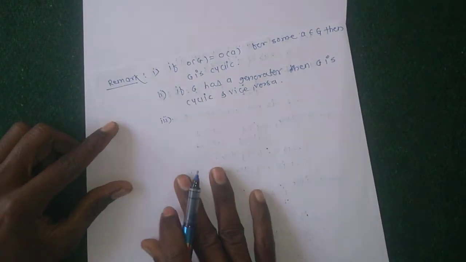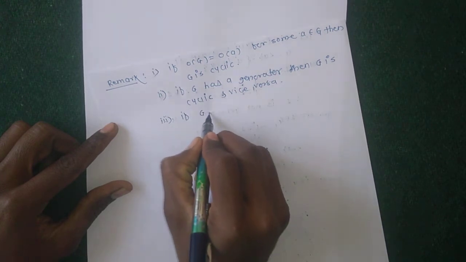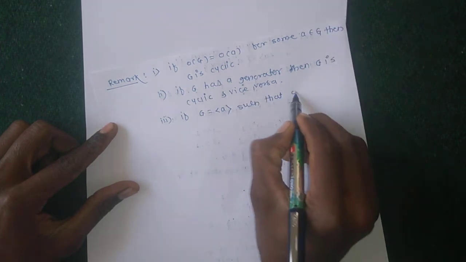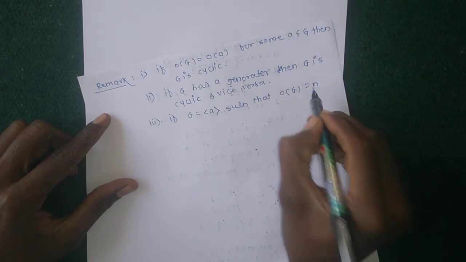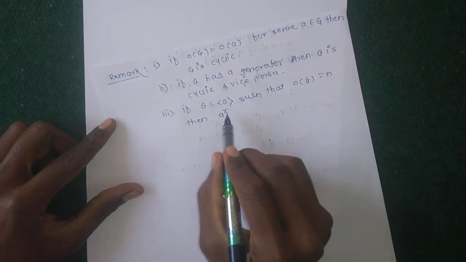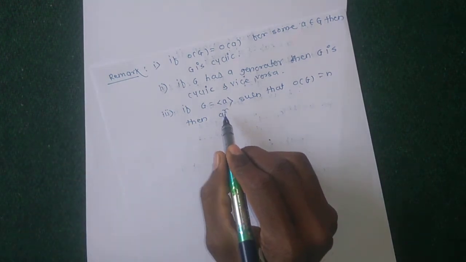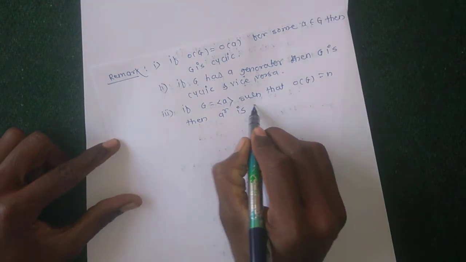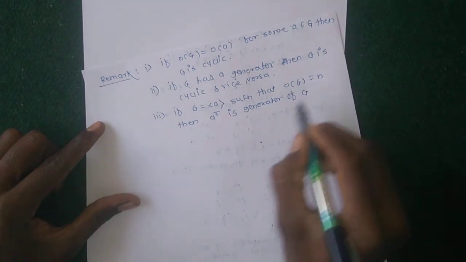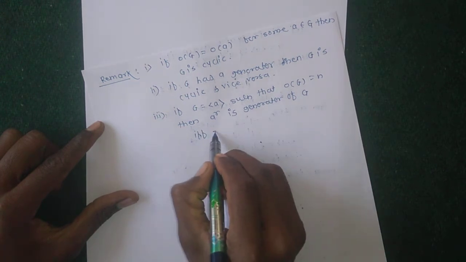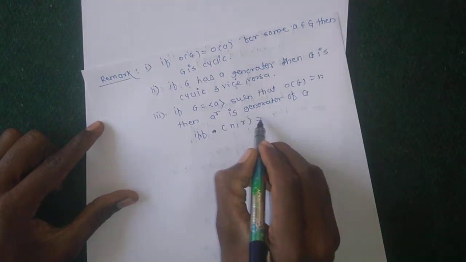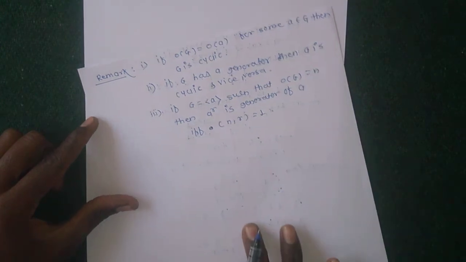Then the third remark: if G is generated by A such that the order of G equals n, then A raised to R is a generator of G if and only if the GCD of n and R is 1, which means n and R are relatively prime.